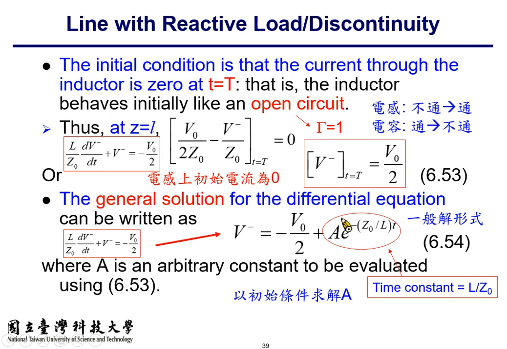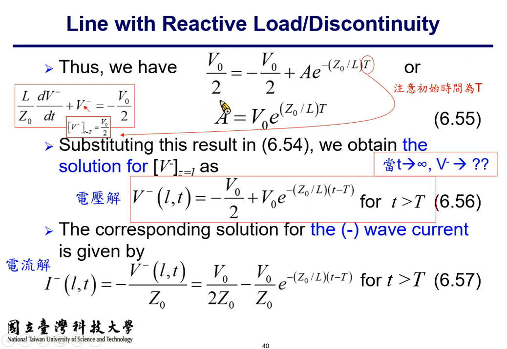Okay, so we replace V minus and lowercase t with the initial condition like this. So it turns out the constant A can be expressed as V sub 0 times exponential Z sub 0 over L times capital T. And so the next thing is we can substitute the original general solution with the known A value, and it becomes equation 6.56.